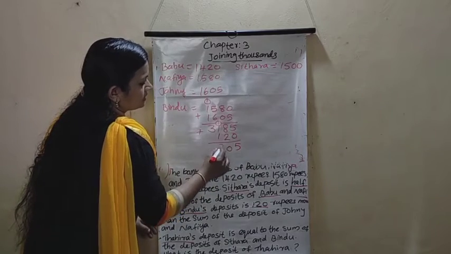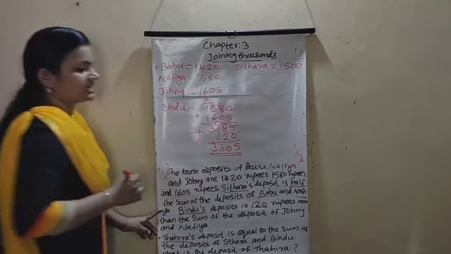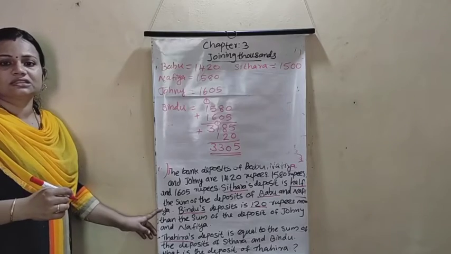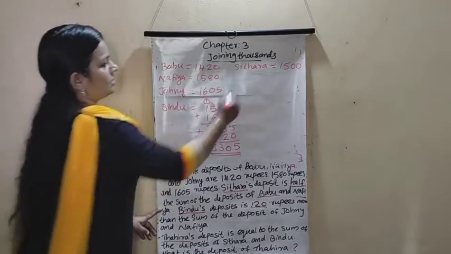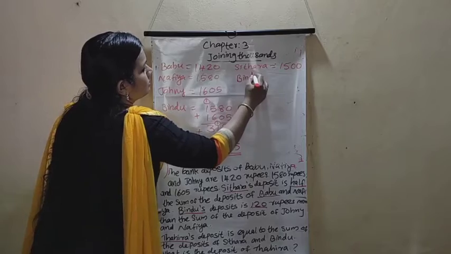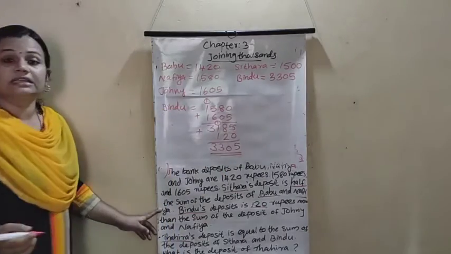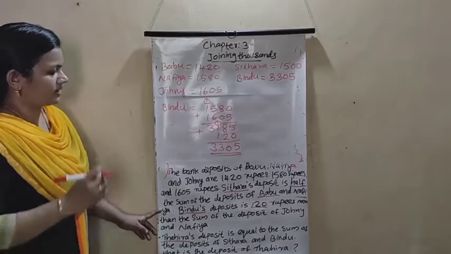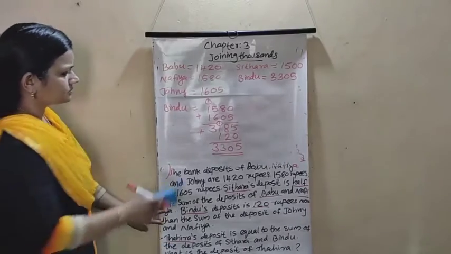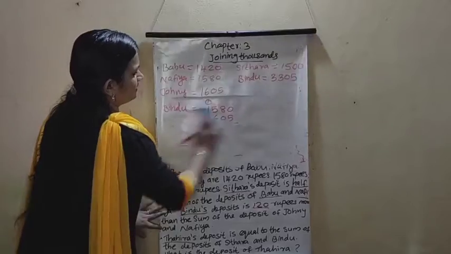What is the carryover? 3. Then what is the answer? 3,305. Bindu's deposit is 3,305. Understood? Then what is the next one?